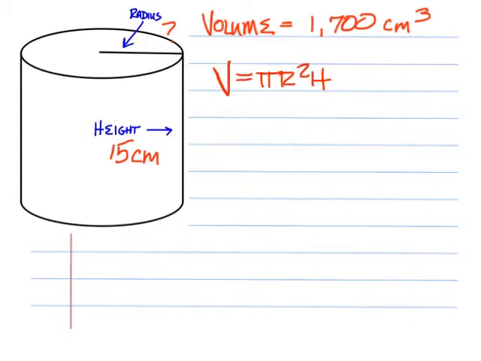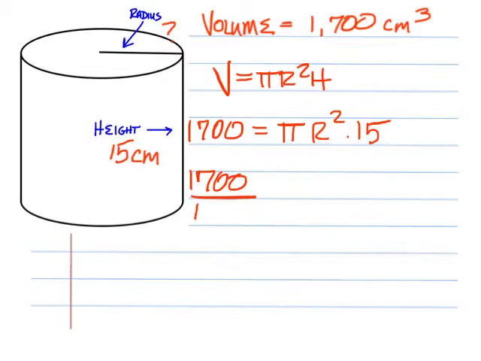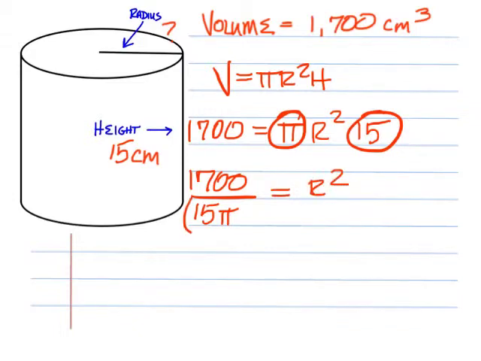Start with the formula. V equals pi r squared h. And then V is 1700. R squared, we have no clue what that is, but 15 is h. So divide 1700 by 15 pi, because that's what's with the r squared over here. Then we're going to divide this on the calculator.